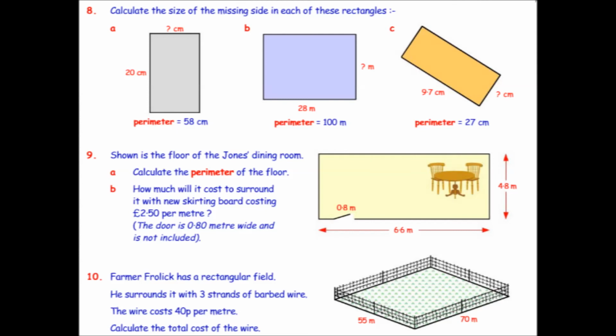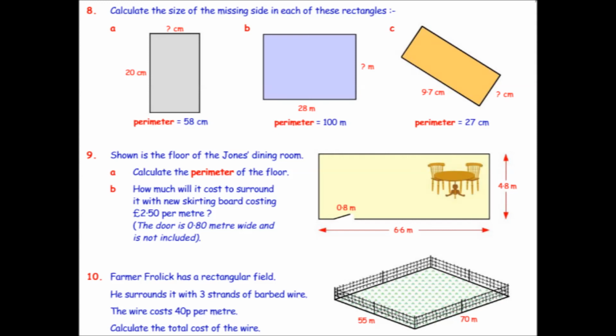Now, B is more complicated. How much will it cost to surround the room with a new skirting board, which costs £2.50 per metre, and the 0.8 metres of the door isn't included?